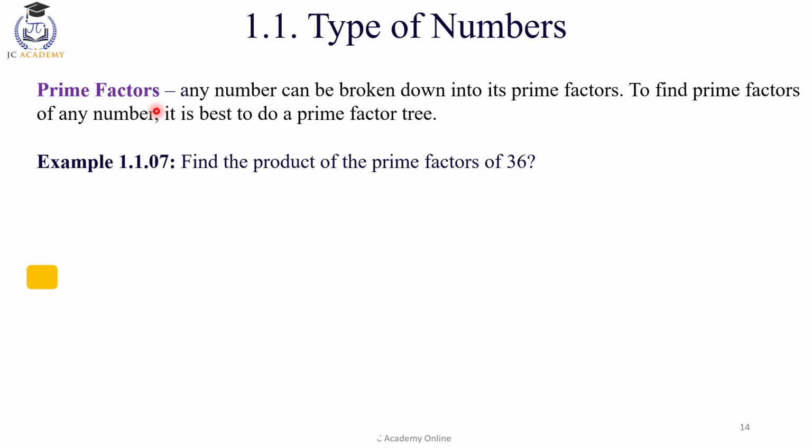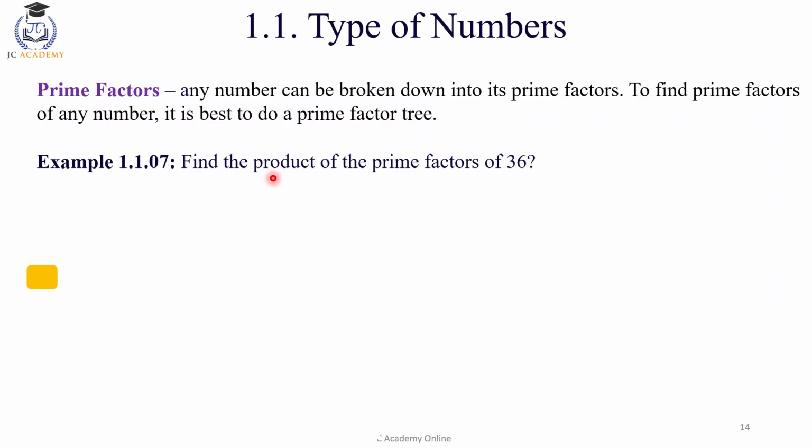So prime factors. What are prime factors? Prime factors are what any number can be broken down into. So to find prime factors of any number, it is best to do a prime factor tree. So what does that mean? It's best explained with an example.